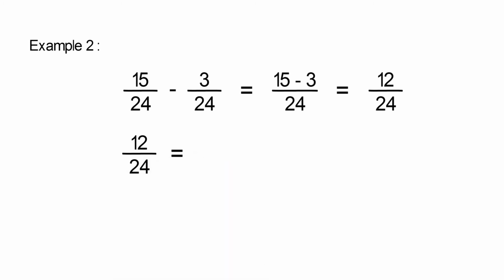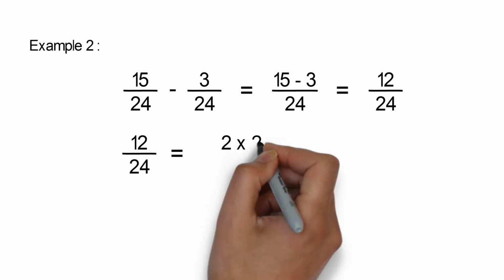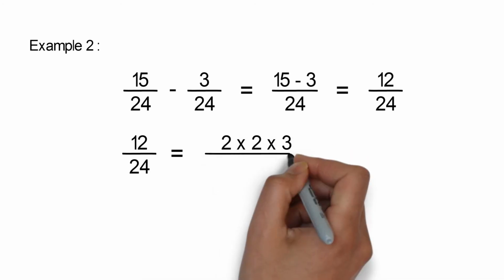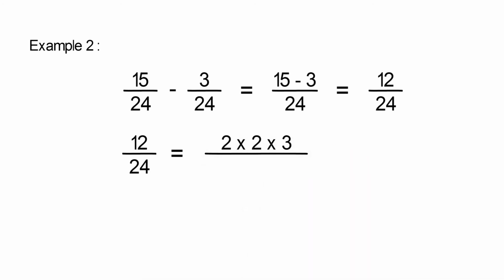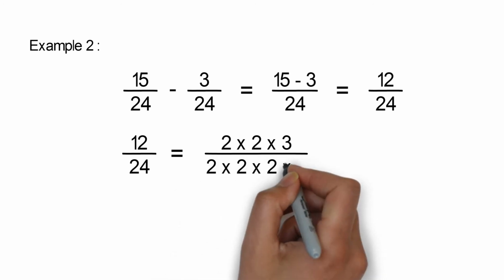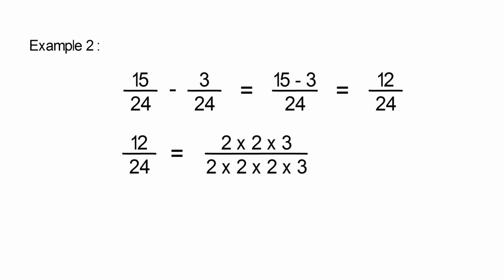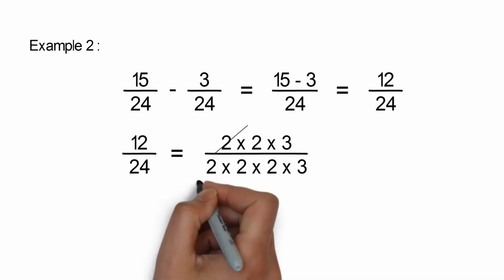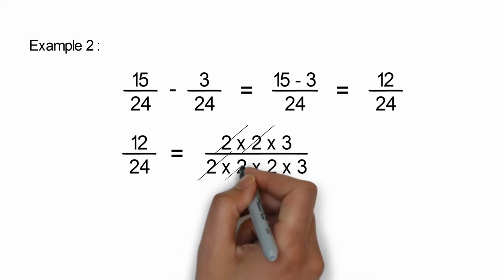The factors for 12 are 2 into 2 into 3, and the factors for 24 are 2 into 2 into 2 into 3. A 2 and a 3 can be found in both the numerator and the denominator. First, we divide the numerator and the denominator by 2.